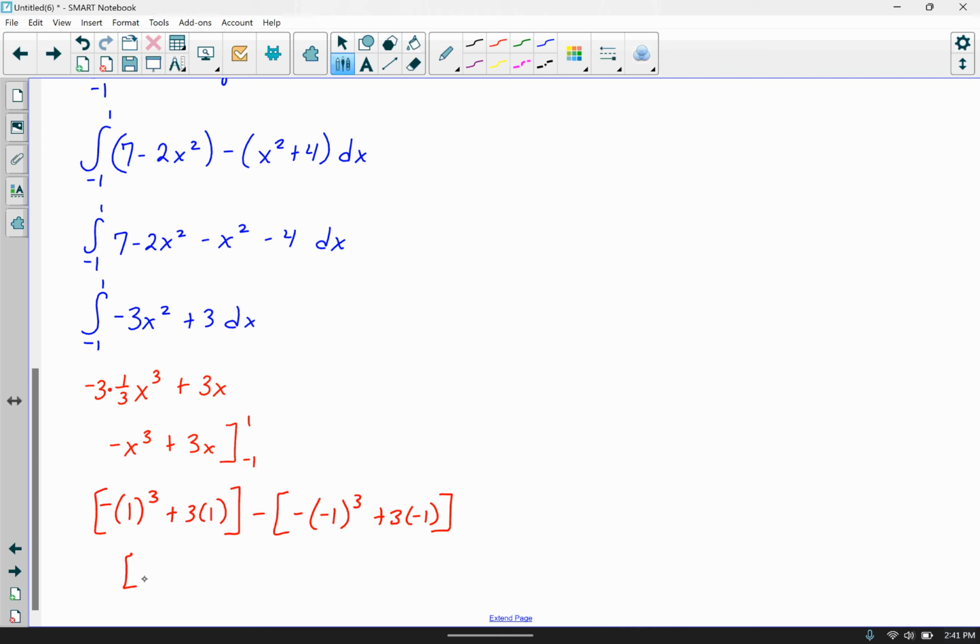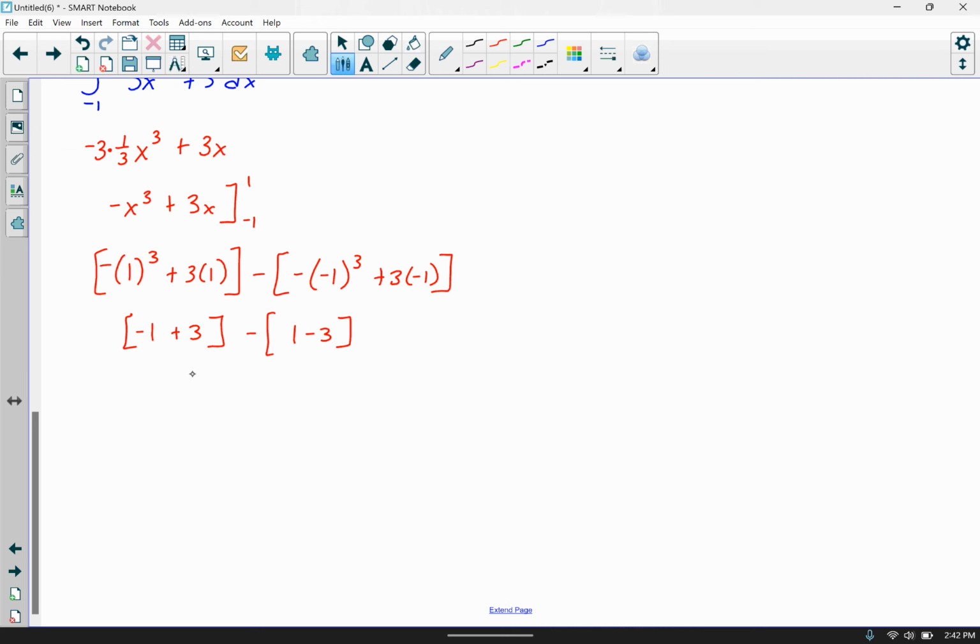So that will give me -1 plus 3. For the lower bound, -1 cubed is negative, and negative times negative is +1, so that's +1 minus 3. That gives me 2 in that first bracket.